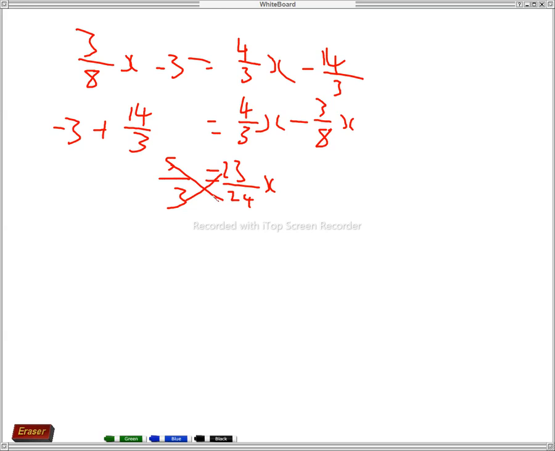My answer is going to be 120, and then 3 multiplied by 23 gives 69x. So I'm just going to say 120 divided by 69, and my answer for x, I get 40 over 23.